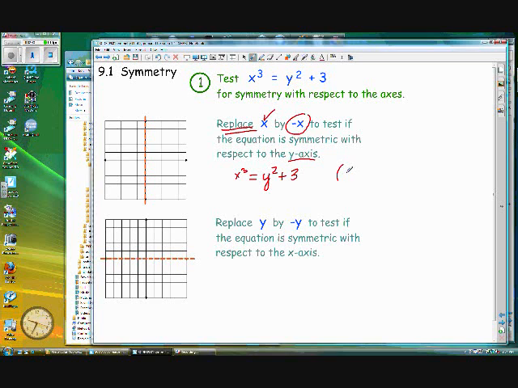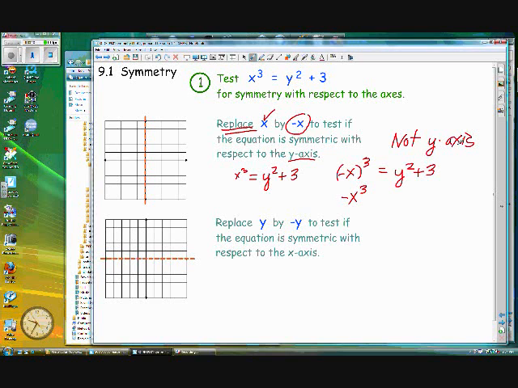Okay, if I put in a -x and cube it, is that going to stay the same? It isn't, is it? It is not. Then I'll have -x cubed. So not symmetric with respect to the y-axis.